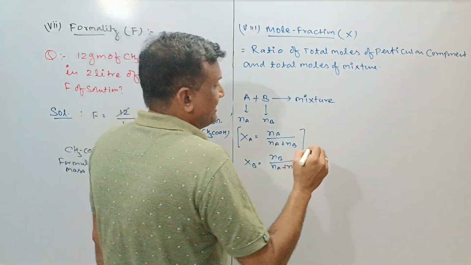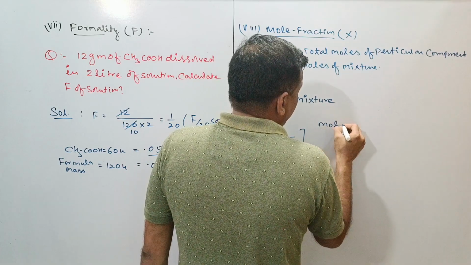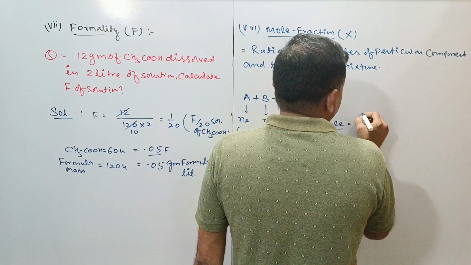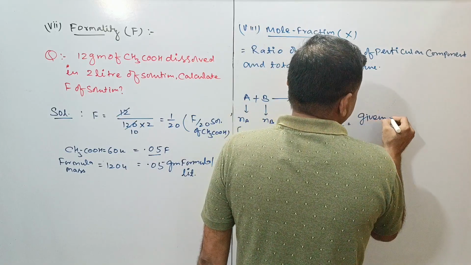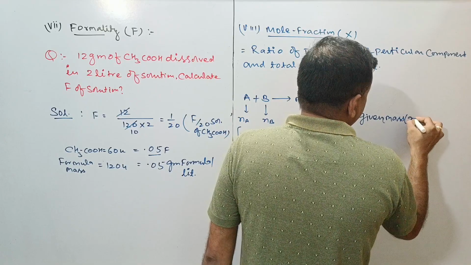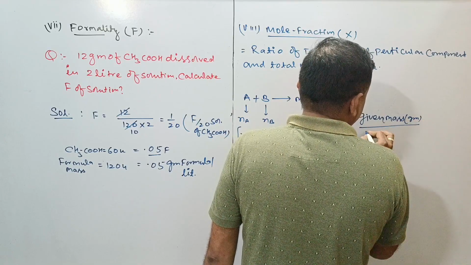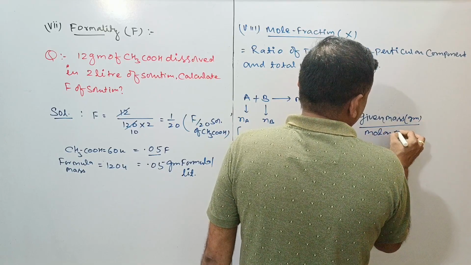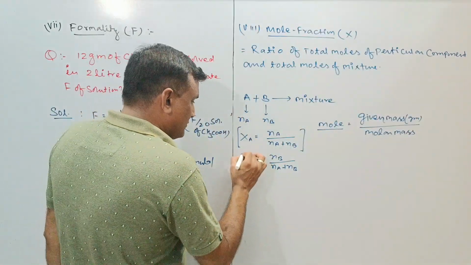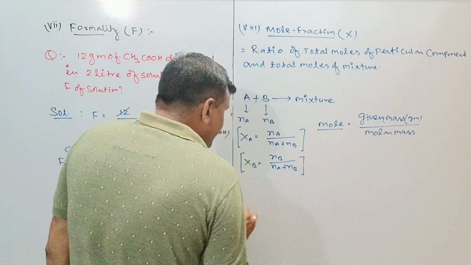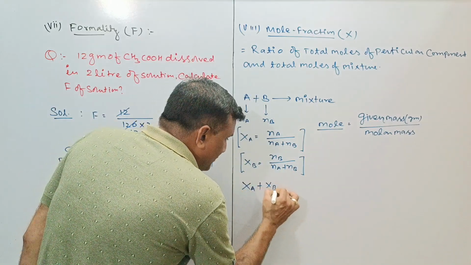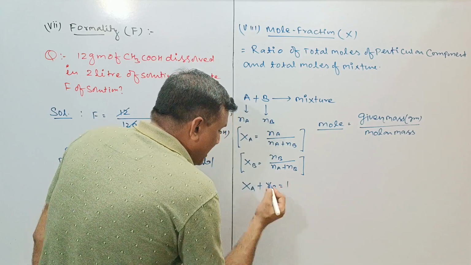Remember one thing, here the mole we can calculate by using the formula: given mass of solute, as we have discussed previously, upon its molar mass. This is the molar mass, and this was about mole fraction. Remember one thing, the total sum of mole fractions of all components will always be how?